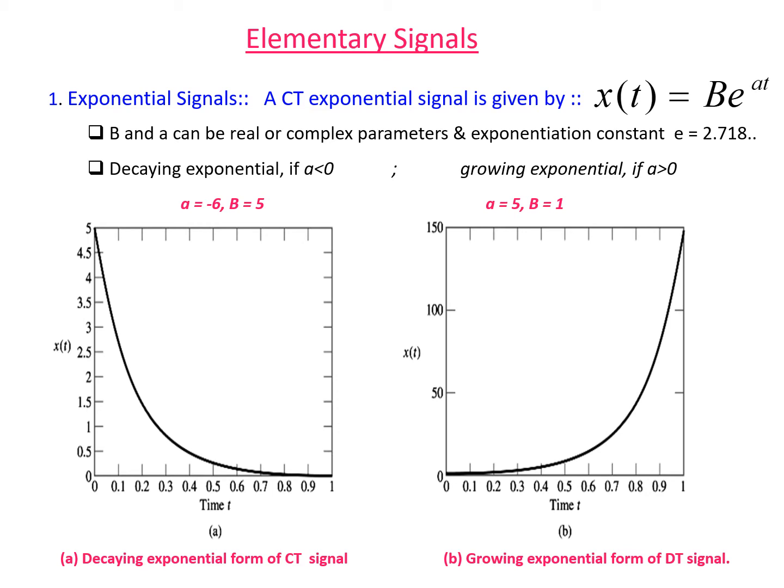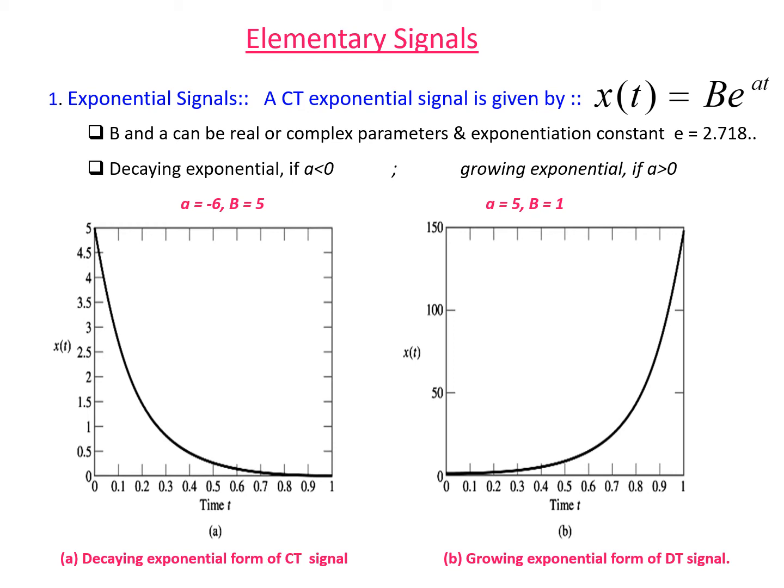They can be real or complex, and t is the time variable. Now whenever either b or a is complex, the function is said to be a complex exponential. But in our discussion, we will limit ourselves to real exponentials, that is, both b and a are real values. Complex exponential, let us see sometime later.